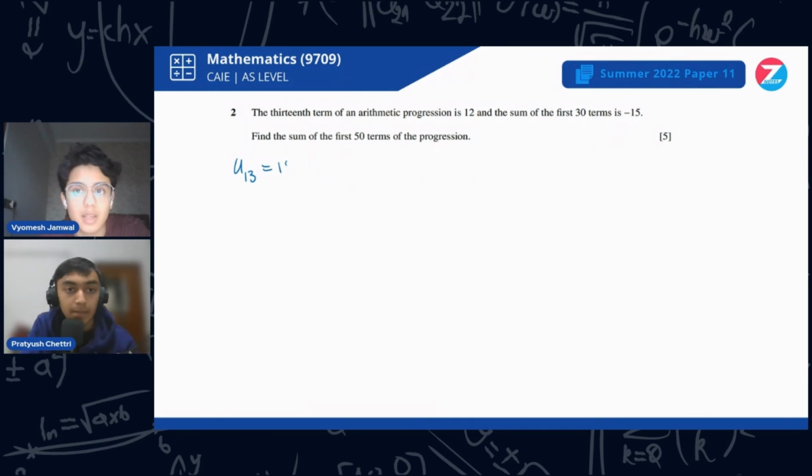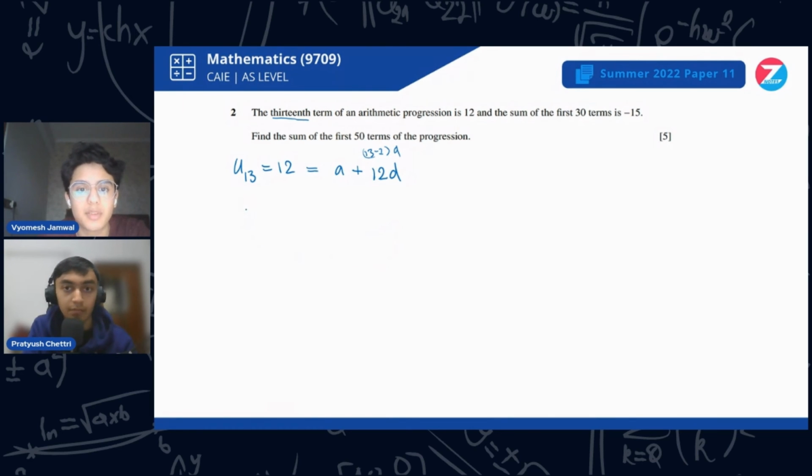Okay, so let's make an equation out of that. u13 equals a plus 13 minus 1 times d. So you could just say 12d. And then let's just get all of the equations out of the way.